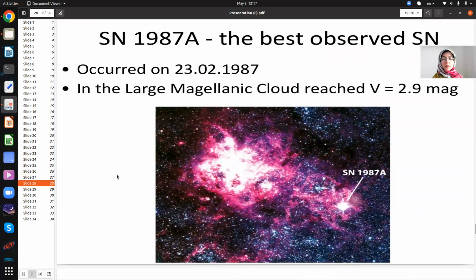Supernova 1987A, the best observed supernova, occurred on the 23rd of February in 1987 in the Large Magellanic Cloud. It reached a magnitude of 2.9.